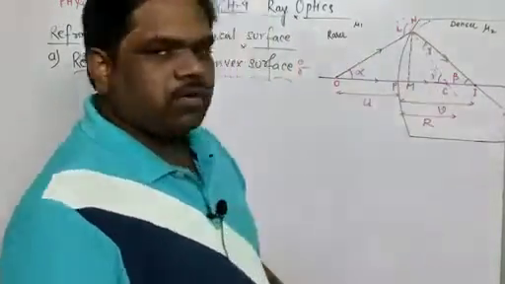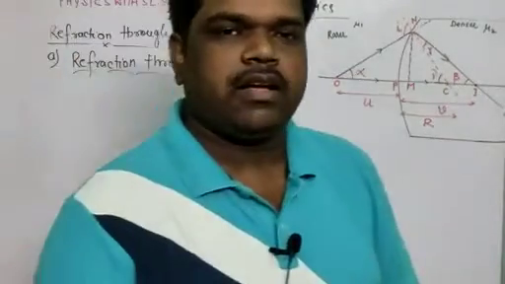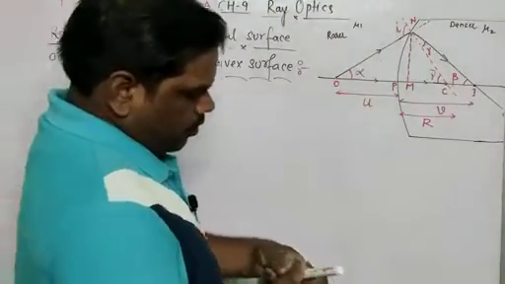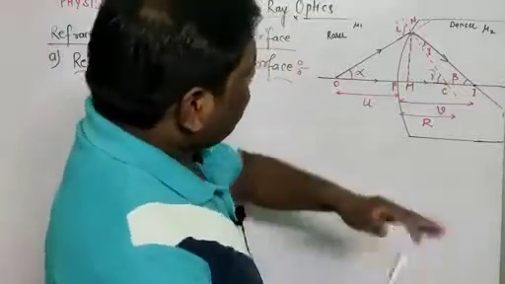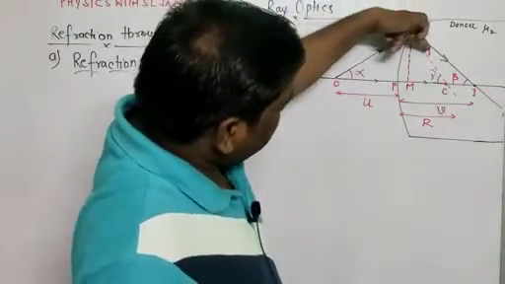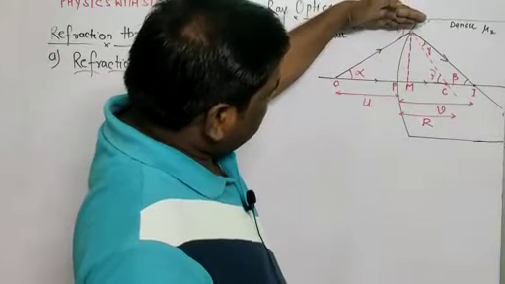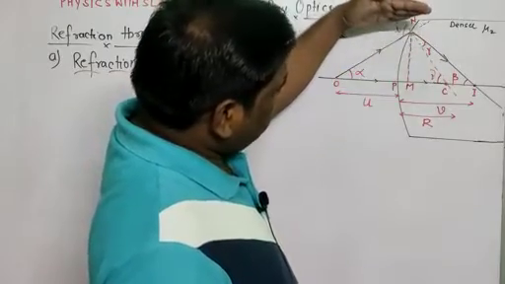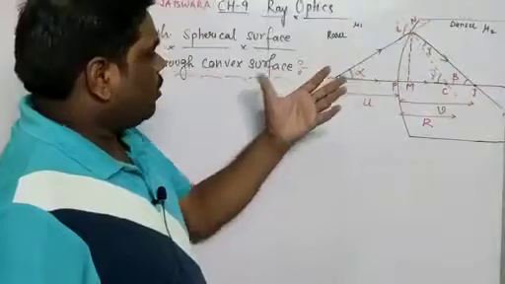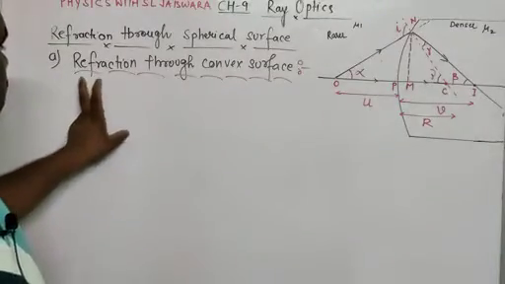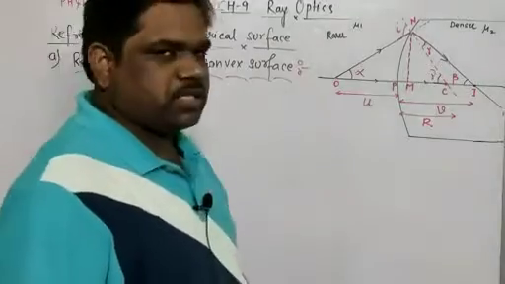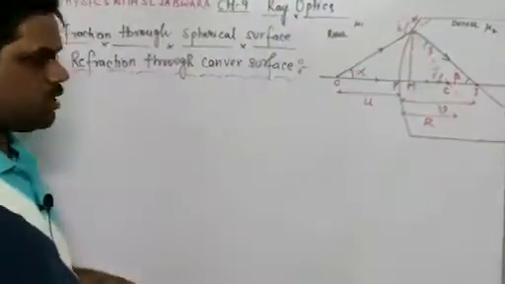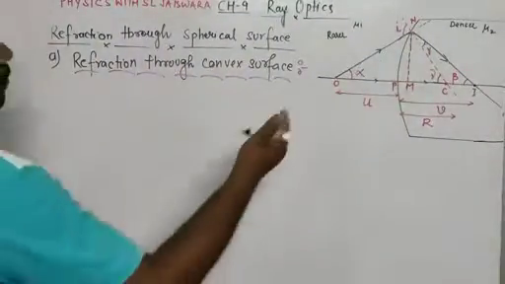In all these variables we have to establish a relation. So let us see. First of all, children, we'll start from i and r, then we start from top and then simultaneously come to the bottom. So this is the concept that you are supposed to memorize while deriving the expression related to refraction through convex surface. Start from the top, come to the bottom, then we'll use Snell's law, then we'll do as per procedure.